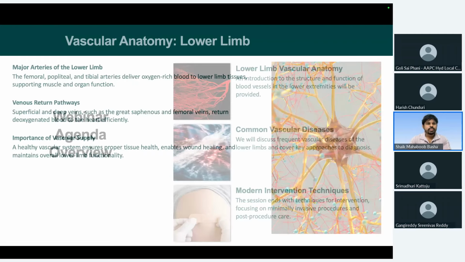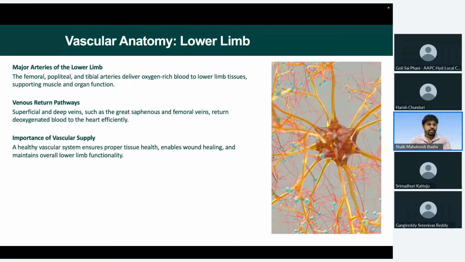Coming to the vascular anatomy of the lower limb, what are the major arteries? As shown here, the femoral, popliteal and tibial arteries deliver oxygen-rich blood to the lower limb tissue, supporting muscle and organ function. In the venous pathway, superficial and deep veins such as the great saphenous and femoral veins return deoxygenated blood efficiently to the heart from the lower extremity for purification.